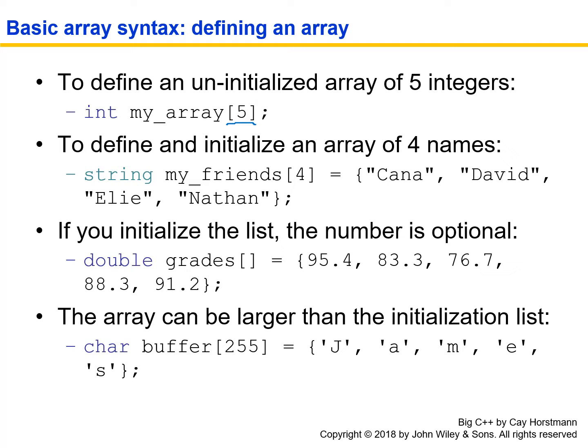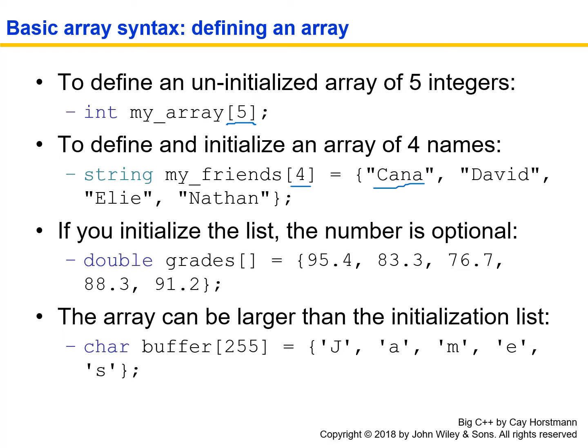If we want to initialize an array of 4 names, we can put a 4 inside the square brackets to tell C++ to set aside 4 string-sized memory boxes, and then we can put the names of our friends in quotes because they're strings, in curly brackets to indicate that it's an array, separated by commas.